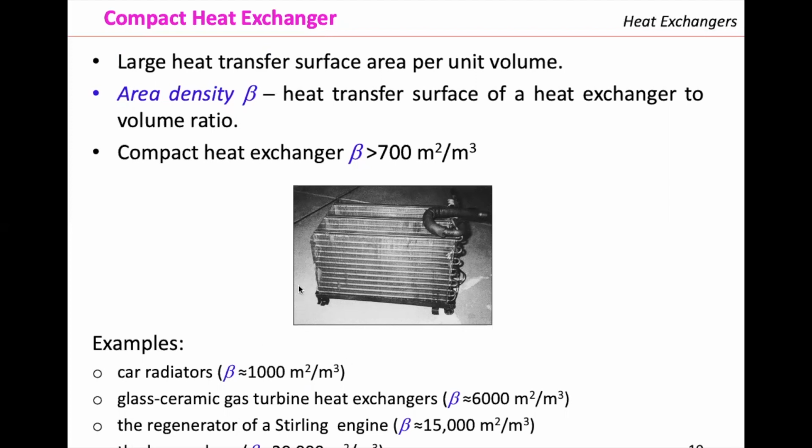So typically, these compact heat exchangers have very high values of beta, larger than 700 meters squared per cubic meter. Just to give you examples of compact heat exchangers: car radiators, which have beta around 1,000, glass ceramic gas turbine heat exchangers, the regenerator of a Stirling engine, and the human lung can be considered also a compact heat exchanger because of the beta value or area density.